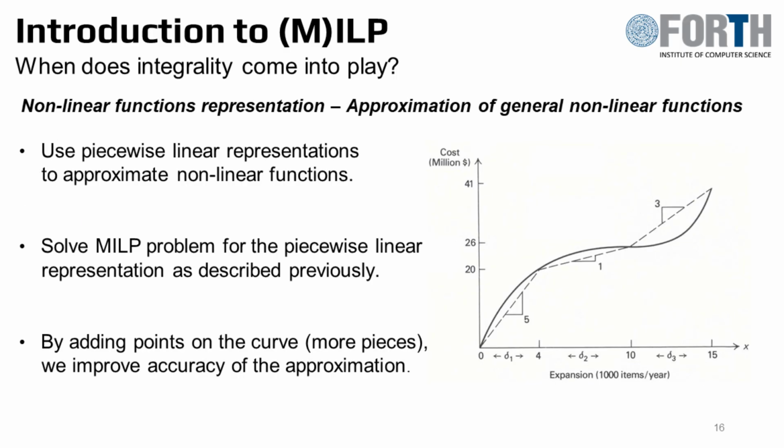When the cost function is not naturally piecewise linear, we can still model it within a MILP framework by approximating it. The idea is to use piecewise linear representations to approximate general nonlinear functions. Instead of working directly with the smooth nonlinear curve, we replace it with several linear segments that approximate the original shape.